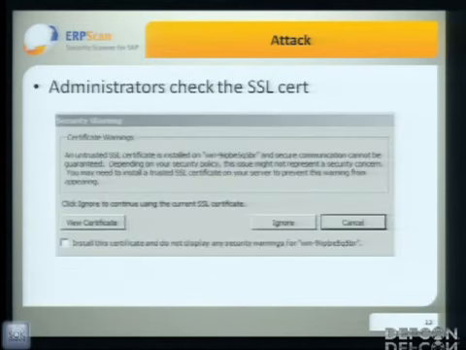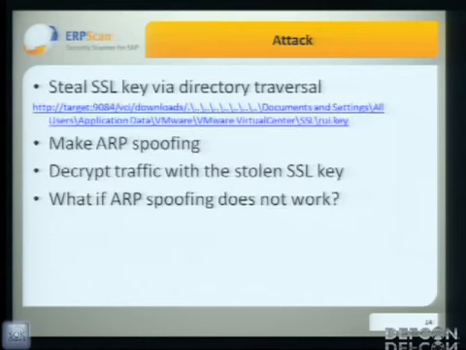But the administrators of this network were pretty clever, and they added the certificate to trusted and didn't clear the enough button, so it doesn't work. So we found another way. We just steal the key via directory traversal, do ARP poisoning, and decrypt the traffic. But what if ARP spoofing doesn't work?